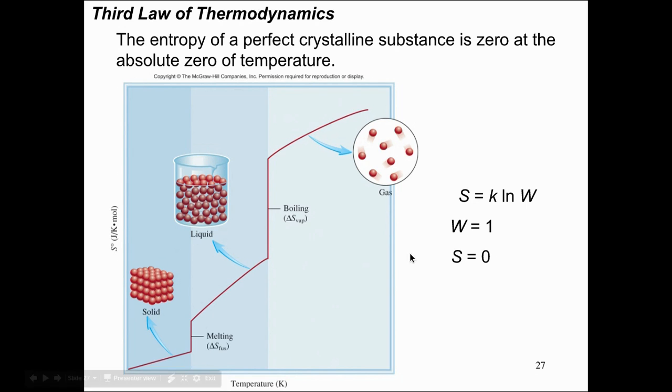Now, as the temperature increases from this 0 value, you can see that you have more molecular motion, and entropy increases as you increase temperature. Then you see a very stark uptick in entropy at a phase change, where you actually undergo a change in complexity of the substance that you're working with.